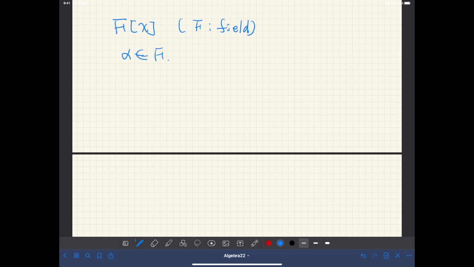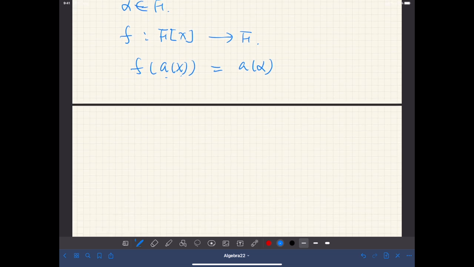Then let's define a function from the polynomial ring to the field F by f of a of x, where a of x is a polynomial of x, mapping to a of alpha. Then this f is a homomorphism.